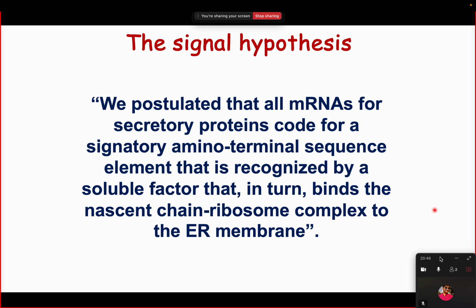Why? Because the whole complex is being sent towards the ER, right? It is not only the protein which is sent towards the ER, it is the whole translating machinery which is being sent towards the ER. Binds the nascent chain ribosome complex to the ER membrane.